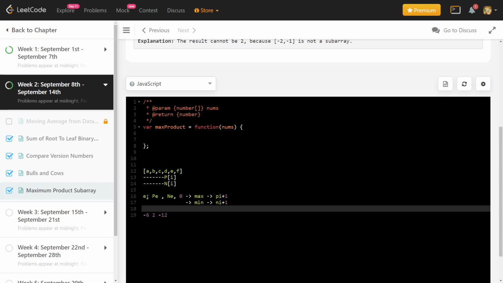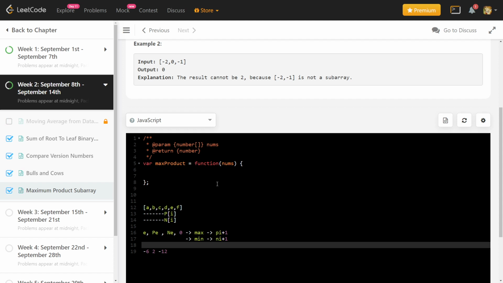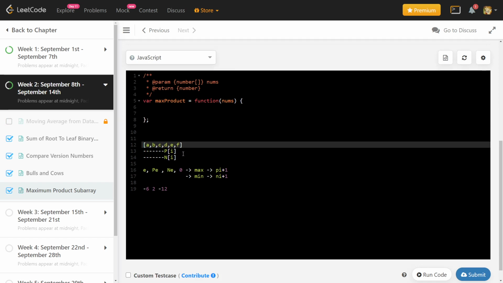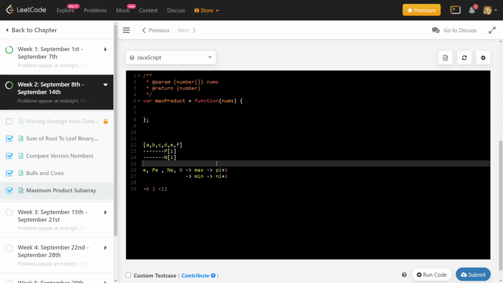But where do E and 0 come in, right? Because we have to find the maximum product, and suppose this E is positive and the product till D is also positive, then the minimum negative product you can get till E will be 0, because you can't go negative, right?